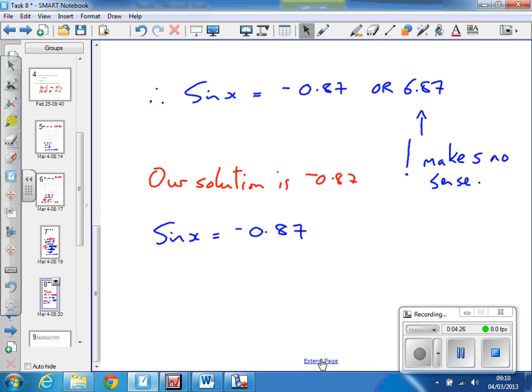Sine to the -1. So x equals sine to the -1 of negative 0.87. So now just get my calculator out and work out what that is. And if we want it in degrees, check you're in degrees on the calculator, which we do in this example. Radians, check you're in radians.